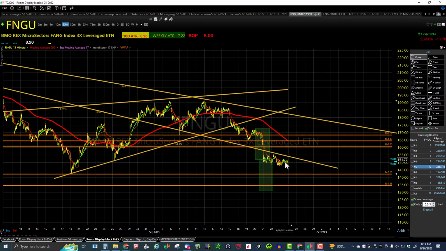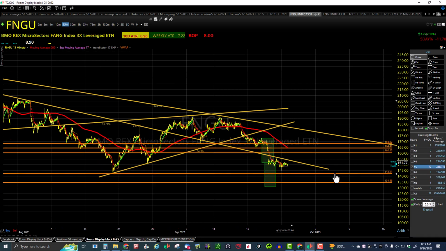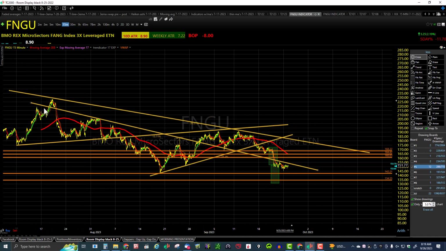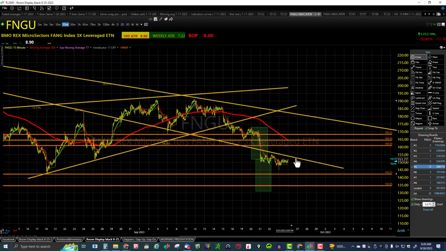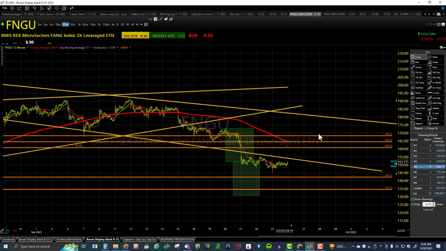So I'd like to see price climb back into this channel. This is the channel from the highs, taking the secondary highs right off of the primary highs right here. So this is the downtrend line off the primary highs. This is the downtrend line off of the secondary highs. So I'd like to see FNGU climb back into this channel with the secondary highs.